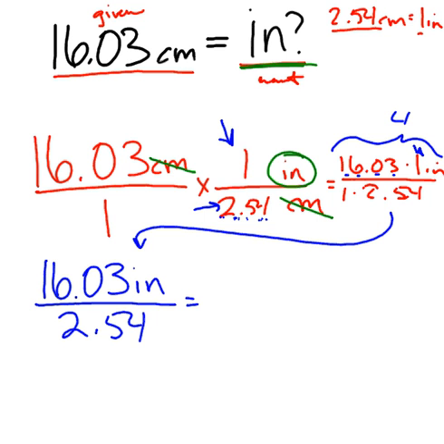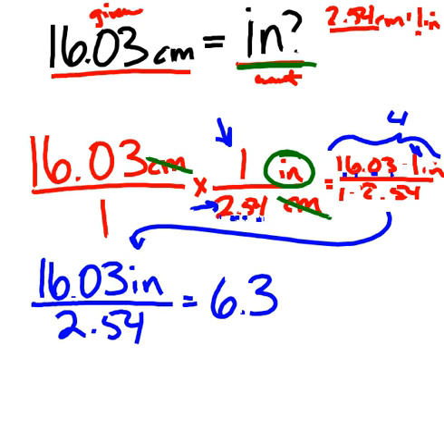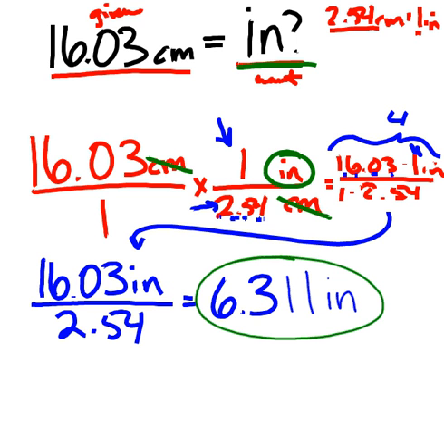If I do the math, I end up with 6.311, because I need 4 sig figs according to my numerator. And I didn't cancel out my units, inches. So there is my final answer, 6.311 inches. So there's 6.311 inches in 16.03 centimeters.